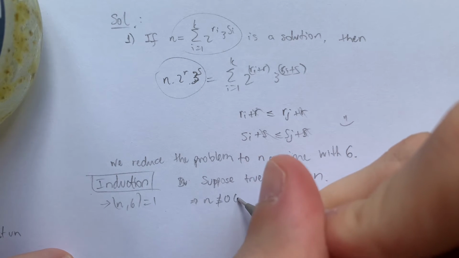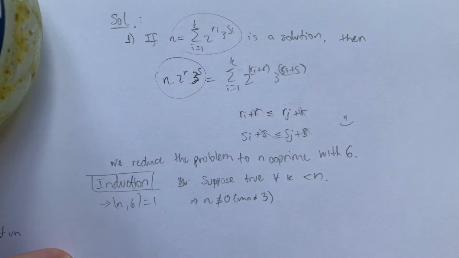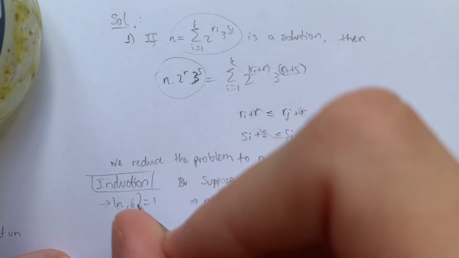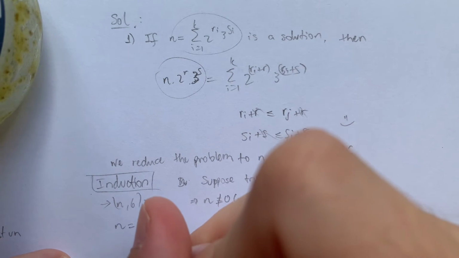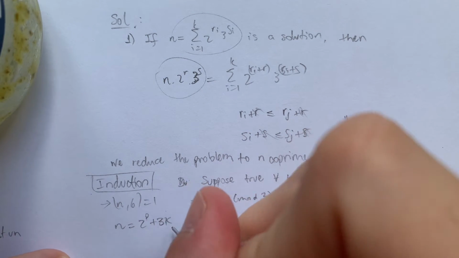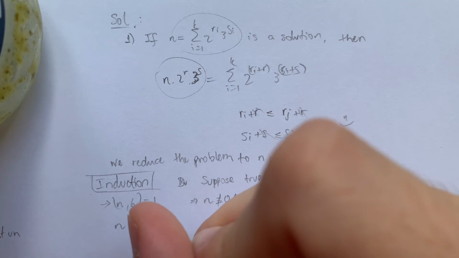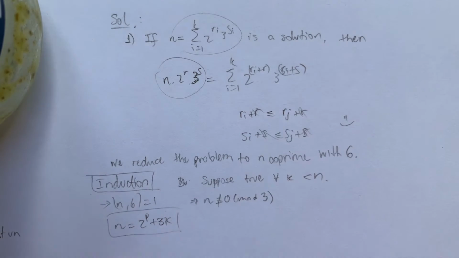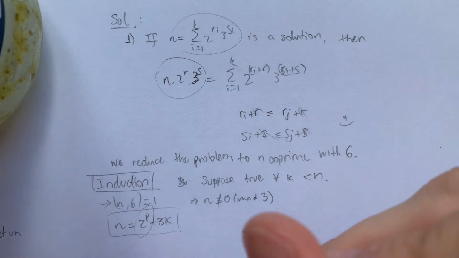So we can suppose this, and in particular n is not congruent to 0 mod 3, and so I can try to find some exponent p such that I can write n equals 2 to the p plus 3k. What I'm trying to do here is to extract the greatest power of 2 that I can, and then leave a number that's a multiple of 3.